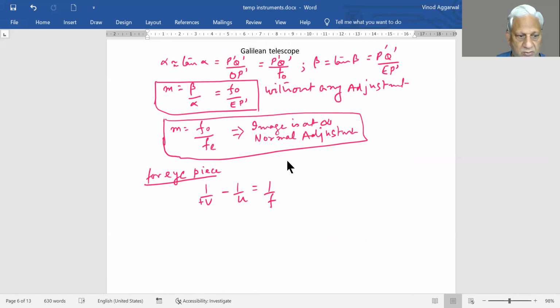U is on the other side, so it is negative. FE, this is a concave lens, and for a concave lens, focal length is negative. So what we get here is, U is actually UE.